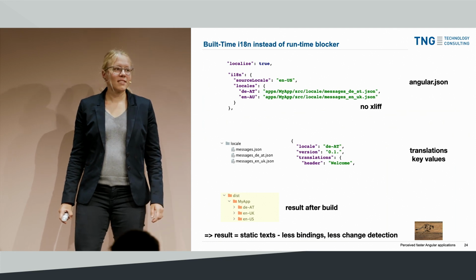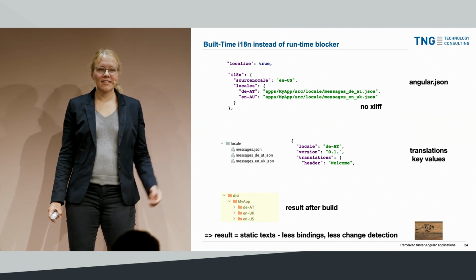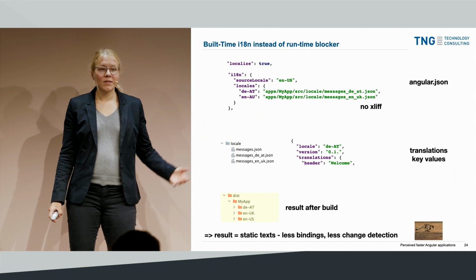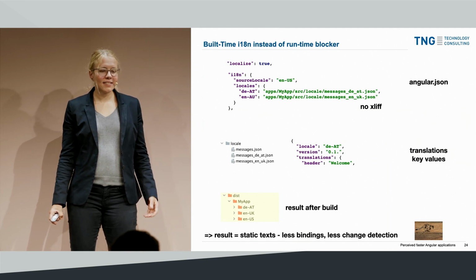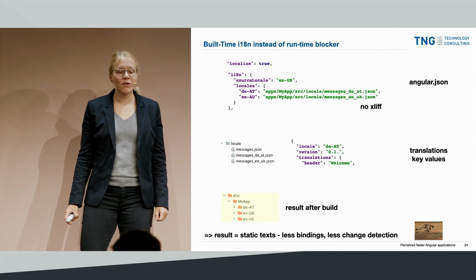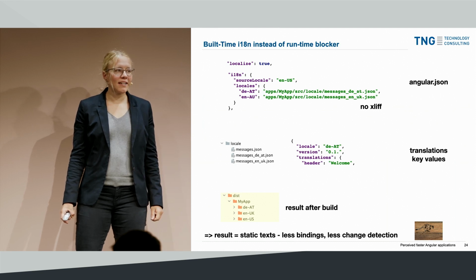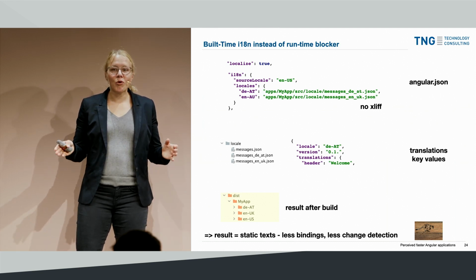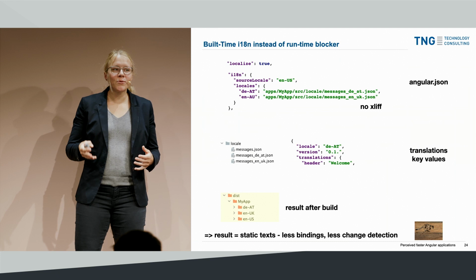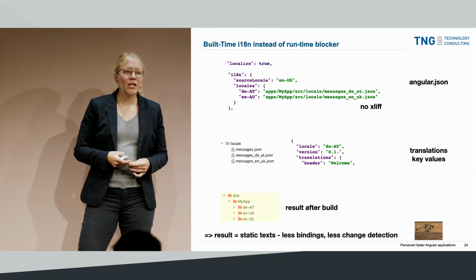And I always try to avoid having these runtime locales, because in Angular nowadays, if I have my key value pairs in the JSON files for all my locales, I can create bundles for each and every locale all together with one build, and it's usually a few seconds on top per locale.